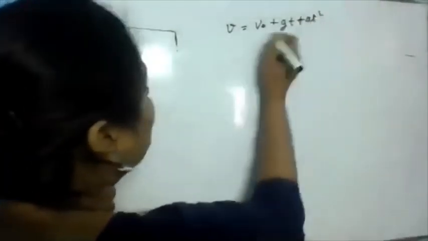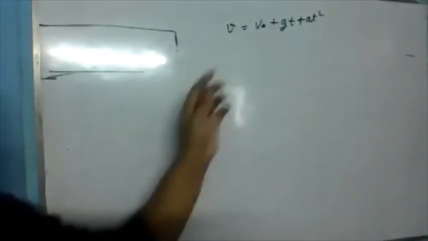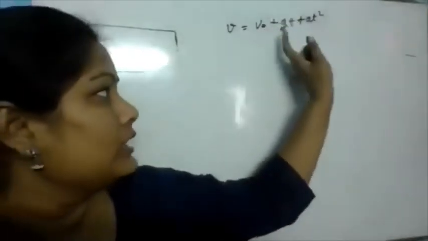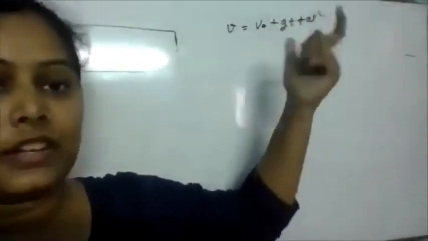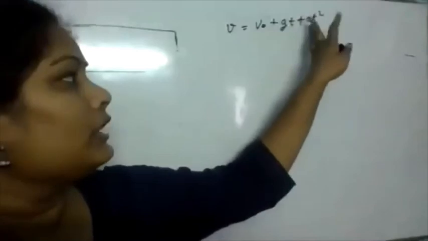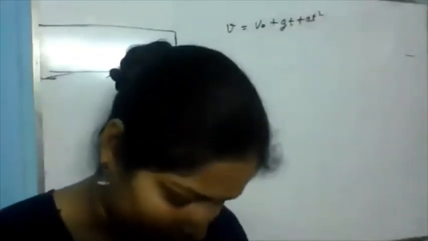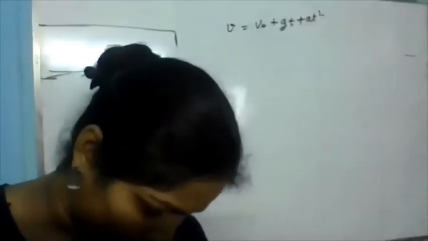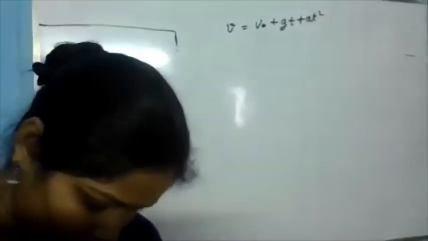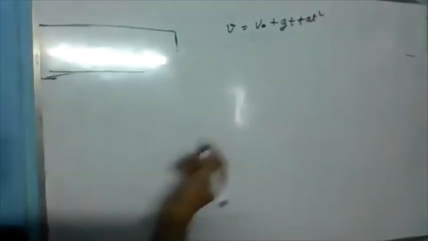And here v naught, g and a are constants. Okay, v naught is a constant, g is a constant, not the acceleration due to gravity, it is some kind of constant, and a is also a constant. And you have to tell me the displacement after t equals 1.